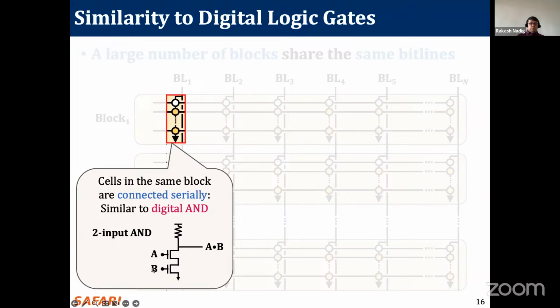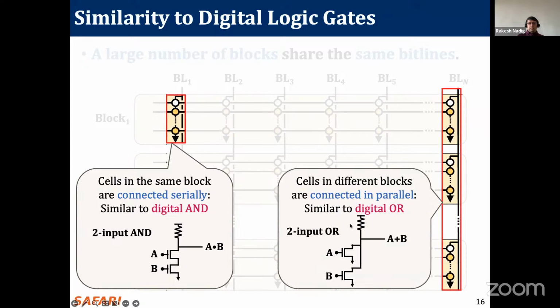We see an example of a 2-input NAND logic where we have the transistors connected in series, and we get the output here. So we see similarity between the way the cells are connected in the NAND string and the digital 2-input AND circuit.